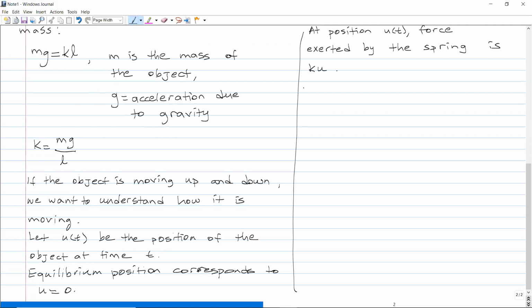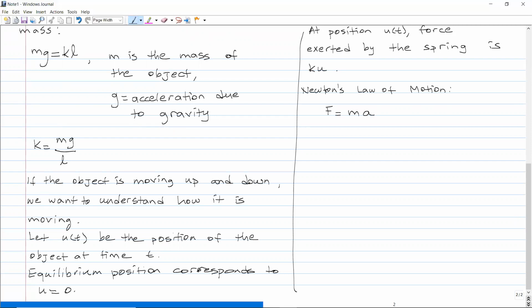And now, of course, Newton's law of motion. Force on the object is equal to its mass times the acceleration.